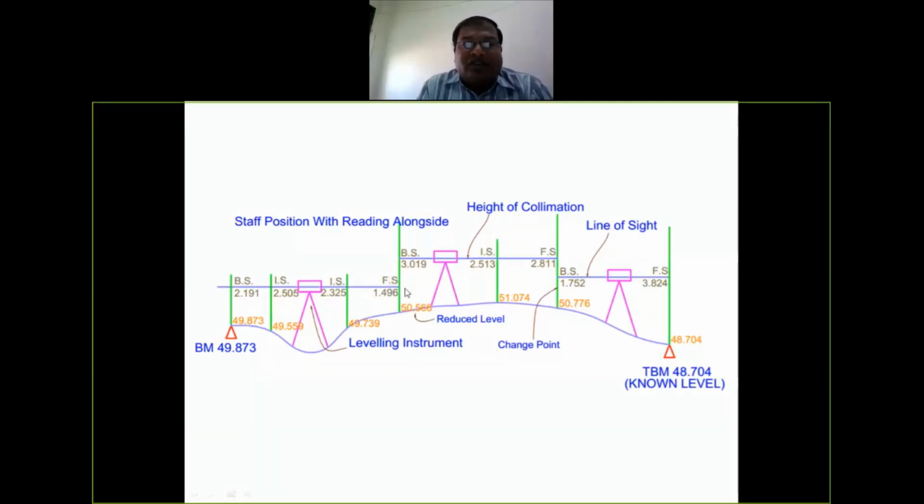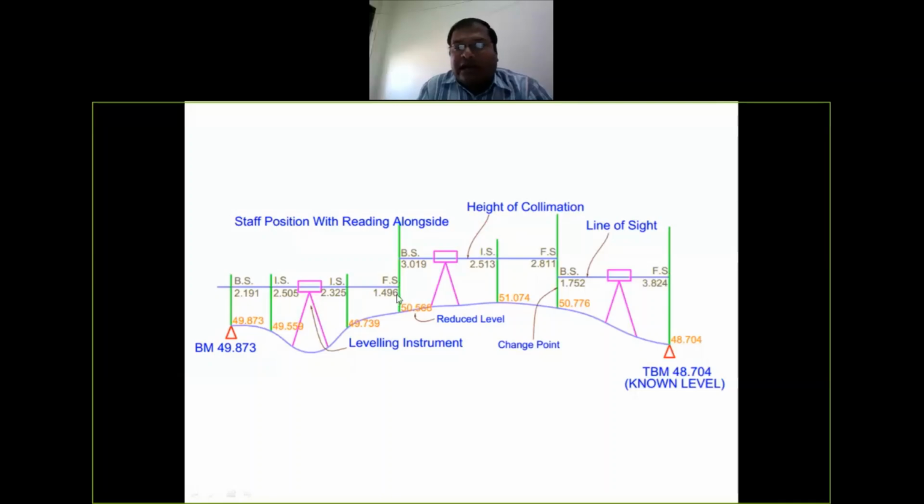So foresight reading is your last reading of the leveling operation. And secondly, when you change your instrument position from here to here, whatever last reading you take at that time is also called foresight. Okay, so this reading I will enter in the foresight column because this is my last reading for this particular setup.